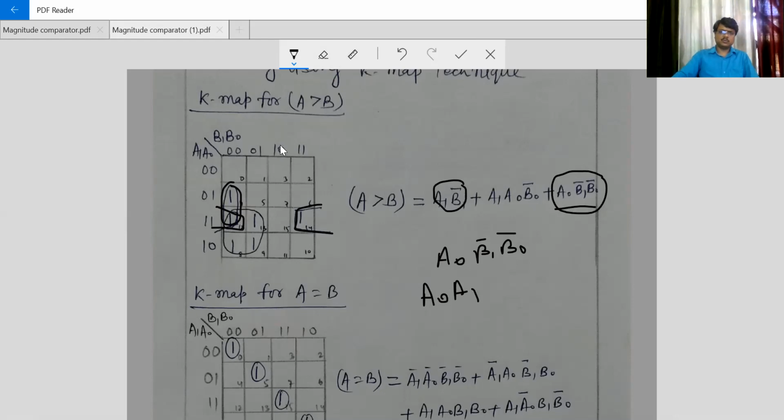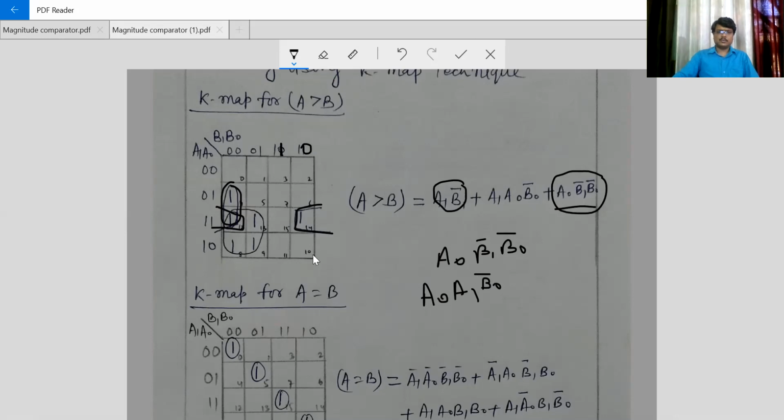This should be 1 1 and this should be 1. Now what will be the possibilities from this side? It will be 0 and 0. B naught is common. So this is the case.